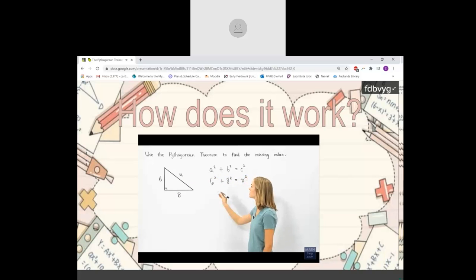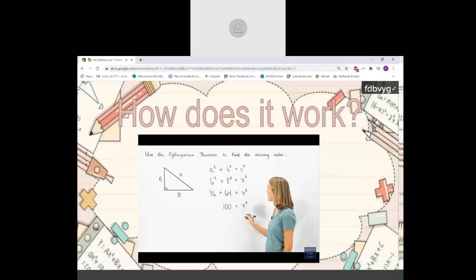Simplifying from here, 6 squared is 6 times 6, or 36, and 8 squared is 8 times 8, or 64. So we have 36 plus 64 equals x squared. Next, 36 plus 64 is 100. And we have 100 equals x squared.